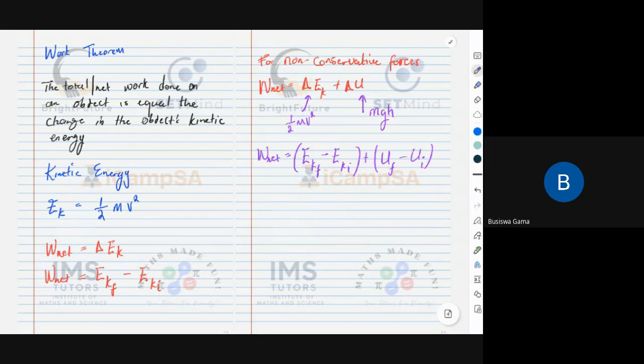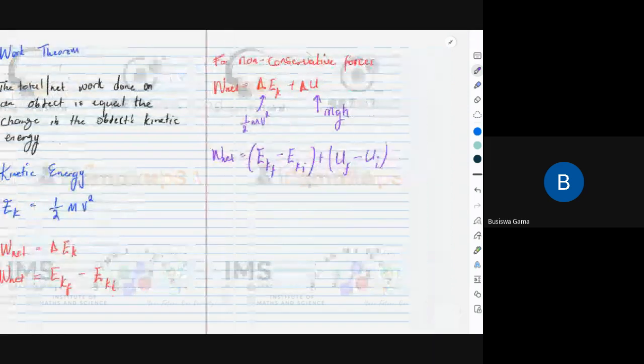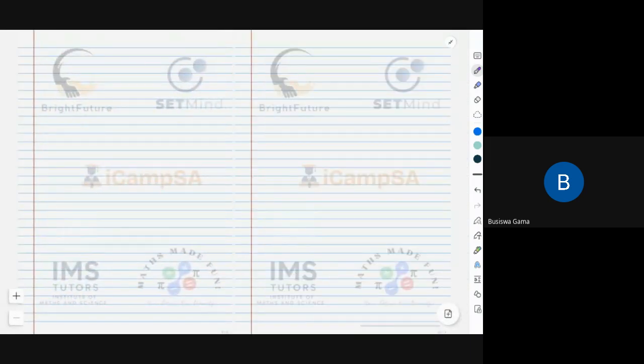Then we have the principle of conservation of mechanical energy. Okay, so let me write it on a new page, with a different pen.